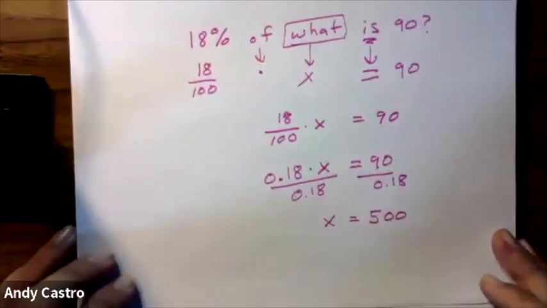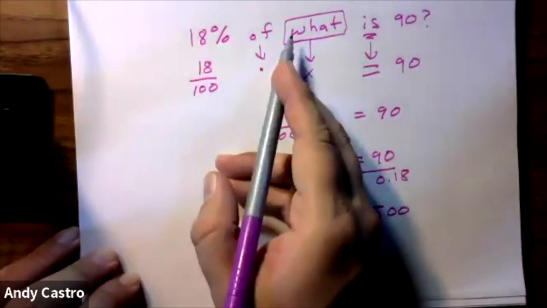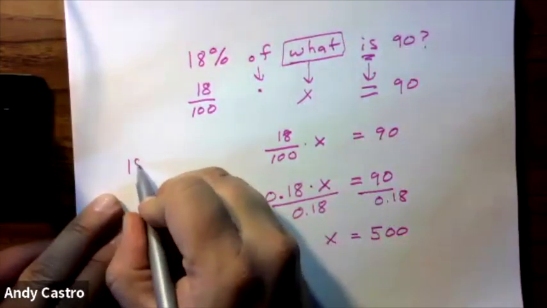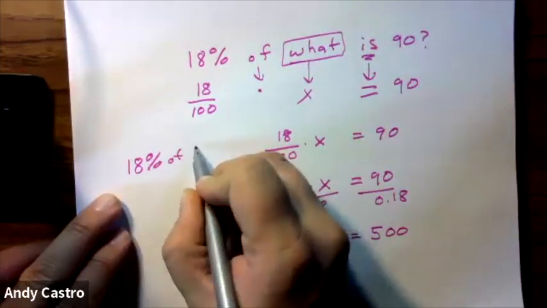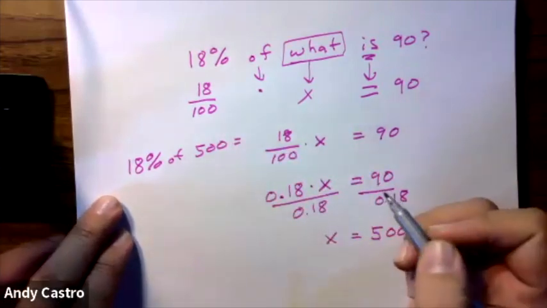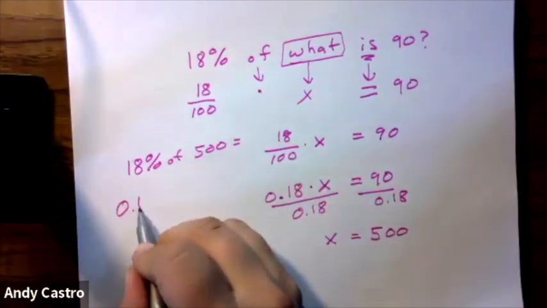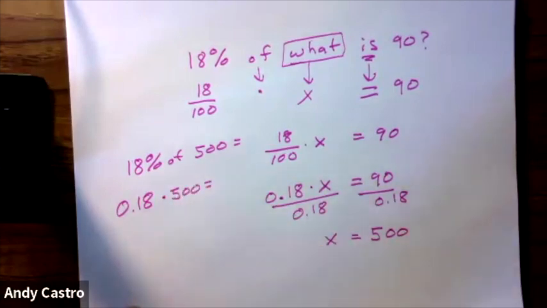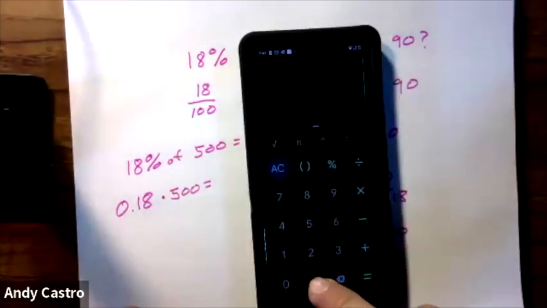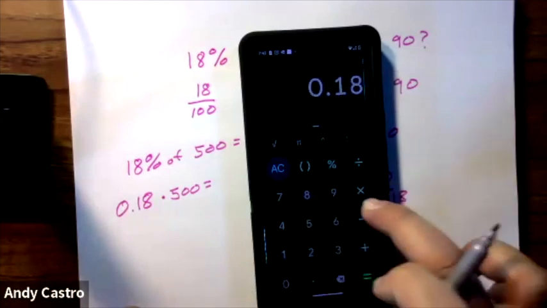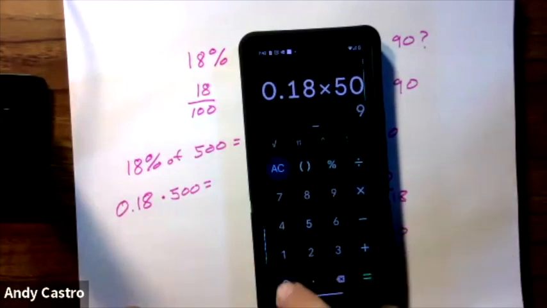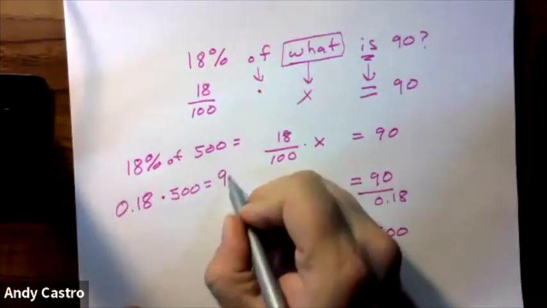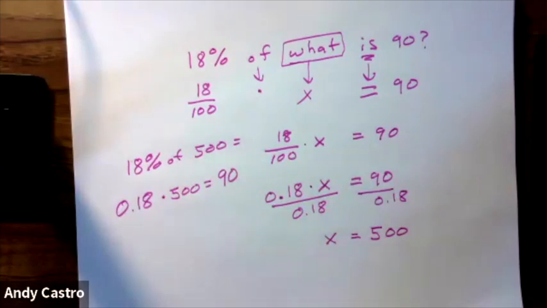All right, so let's see if that makes sense. Is 18% of 500 90? So 18% of 500 is, so that's 0.18 of 500. Let's see, 0.18 of 500 is 90. Good. So we were able to do that effectively.